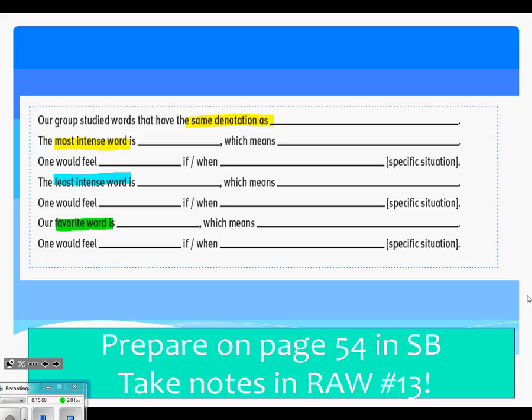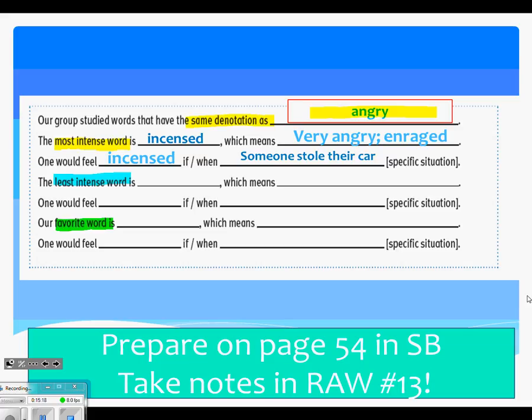All right, so my group studied words that had to deal with anger, being angry. Okay, the most intense word that I saw was incensed, which means someone is very angry or enraged. Why do you feel incensed? If someone stole their car, I would be very angry.